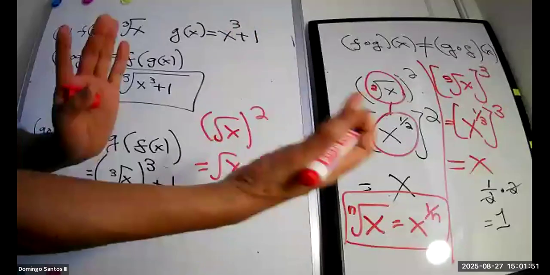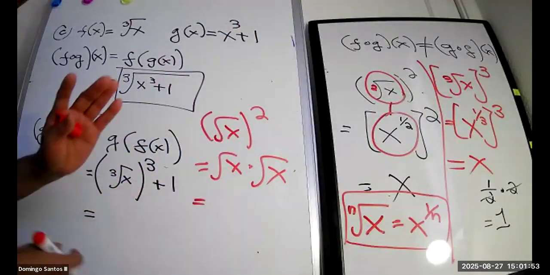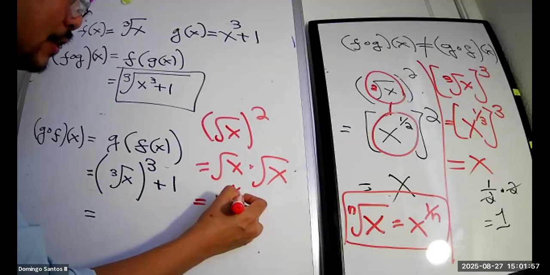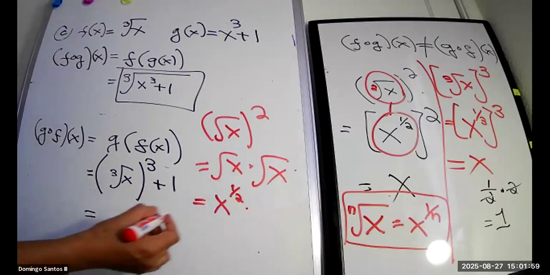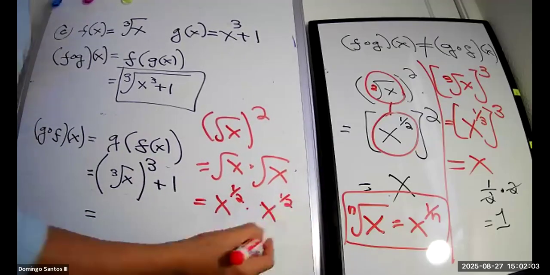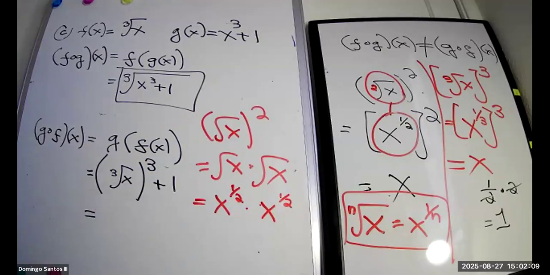And if you look at it this way, class, recall this is x to the 1/2, right? Do you agree? This part here, and this is also x to the 1/2, correct? Yes, that was my mistake. I was multiplying it by the 1/2. Very good.